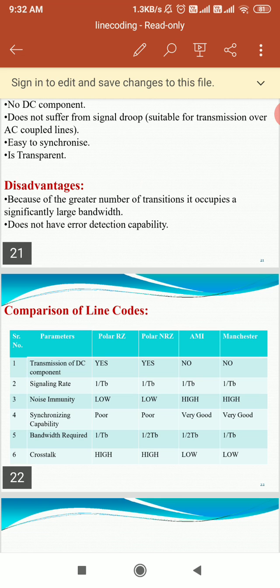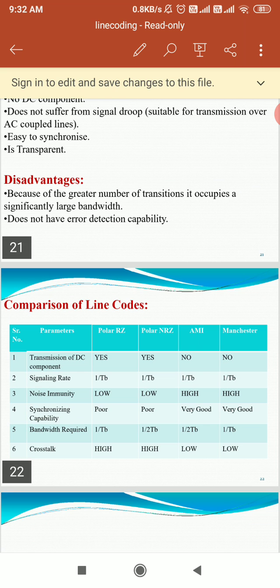But the pseudo ternary, or AMI, has no DC component.